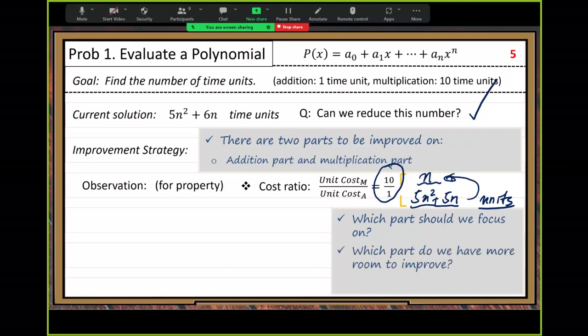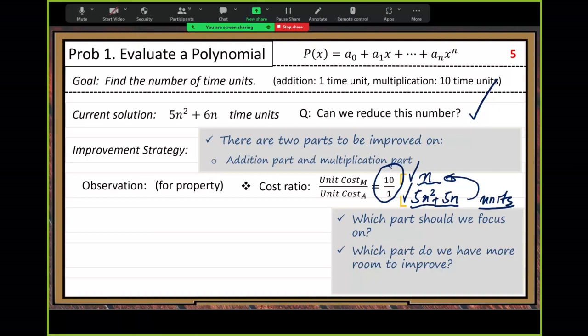So based on these two numbers, one much smaller than the other, which part do we have more room to improve? Think about this question. Which one allows us a bigger improvement room?